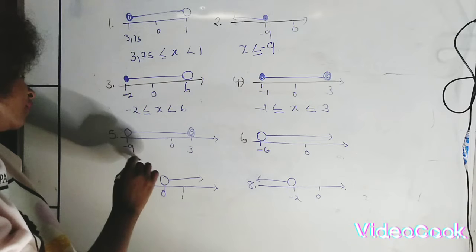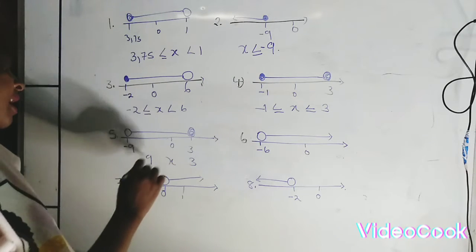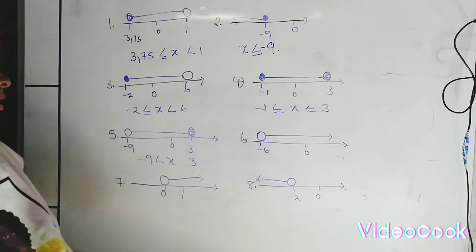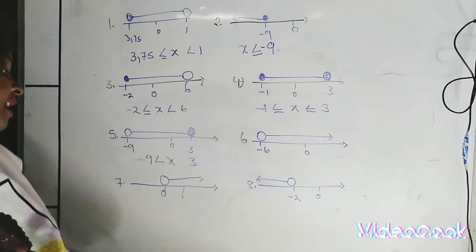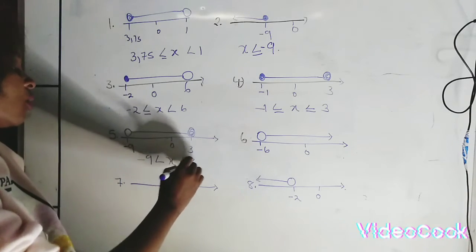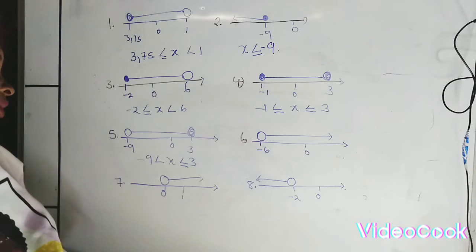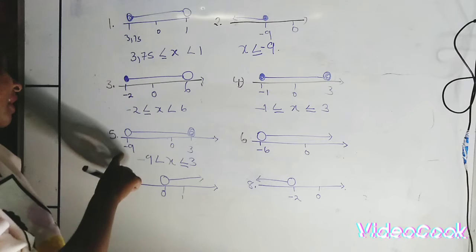As for number 5, you write your -9, your x, and your 3 like that. You put the less than sign like that. Our x values, they are greater than -9, but at the same time, they are less than or equal to a 3. Are we together? Our x values, they are greater than -9.